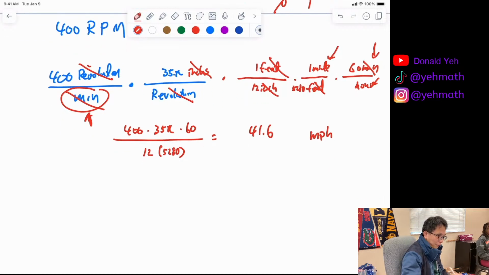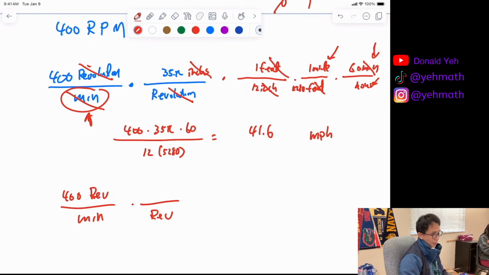If you want to find the angular speed, it's going to be 400 revolutions per minute, and each revolution is how much? Each revolution is 360 degrees, so it's 2 pi. So it'll be 800 pi radians per minute.